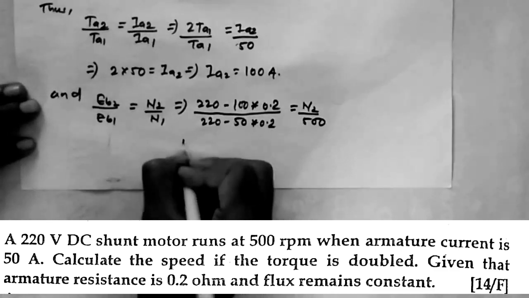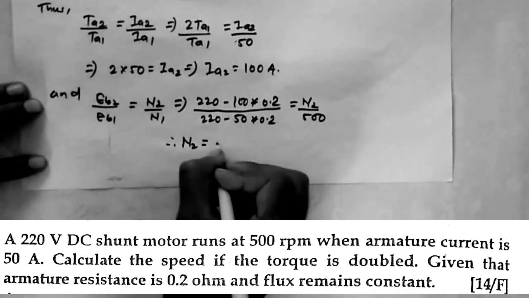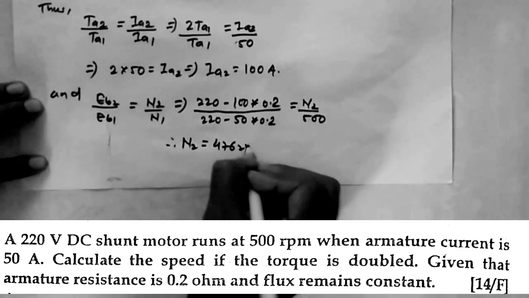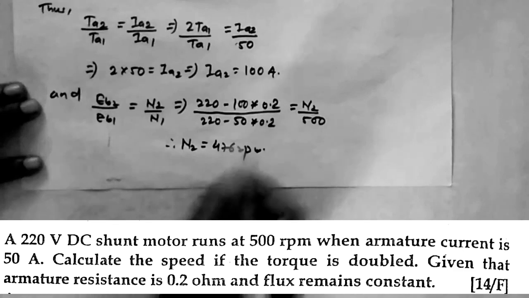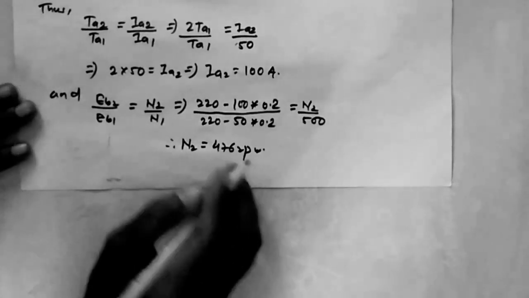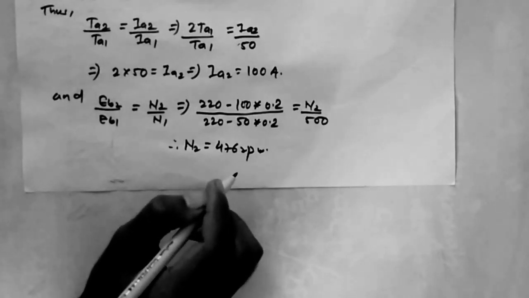On solving we get the value of N2 as 476 rpm. Hence the speed is 476 rpm if the torque is doubled. In this way we can solve numericals related to DC motors. Thanks for watching this.